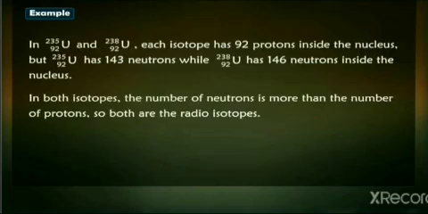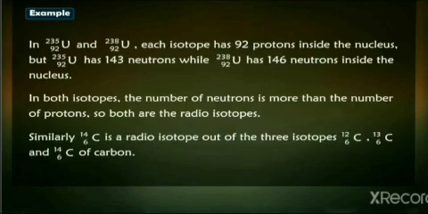In both isotopes, the number of neutrons is more than the number of protons, so both are radioisotopes. Similarly, C-14 (¹⁴₆C) is a radioisotope out of the three isotopes C-12, C-13, and C-14 of carbon.